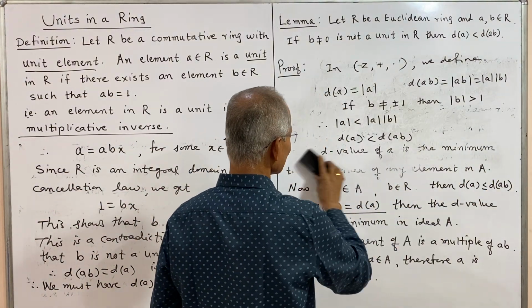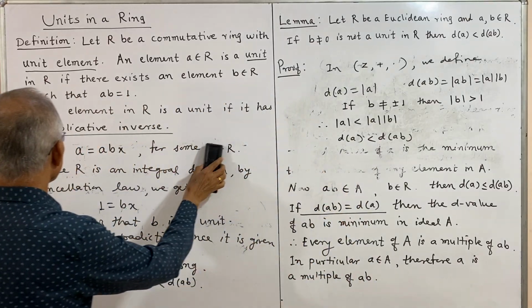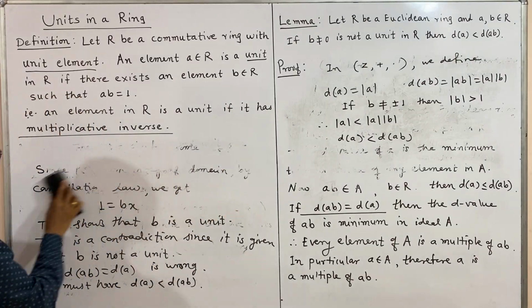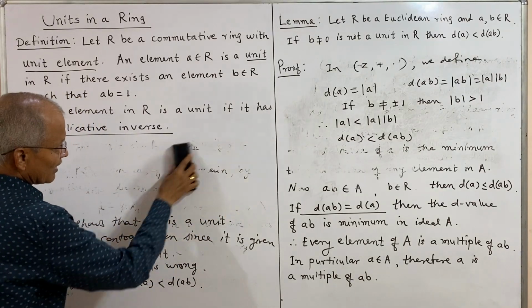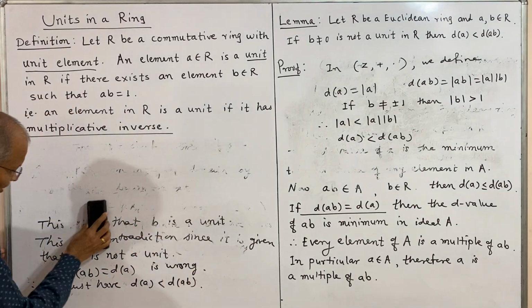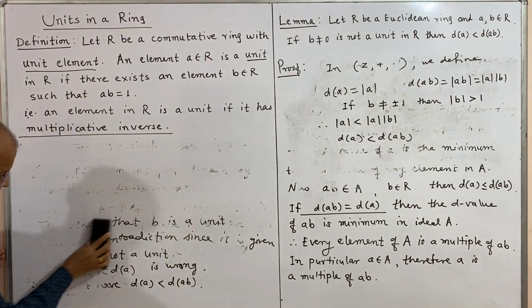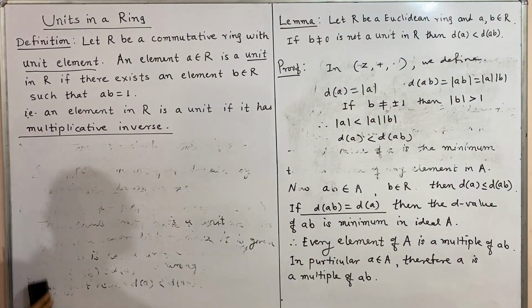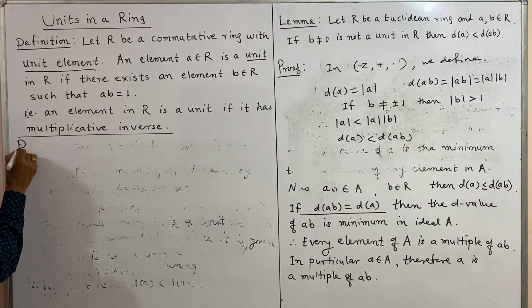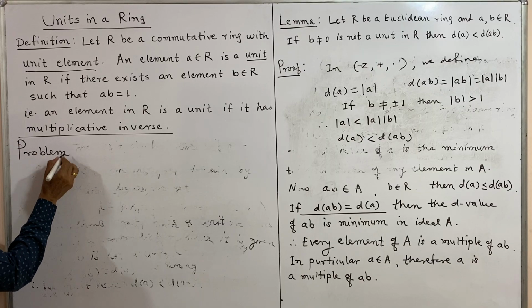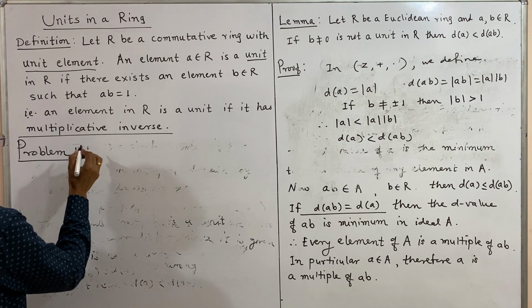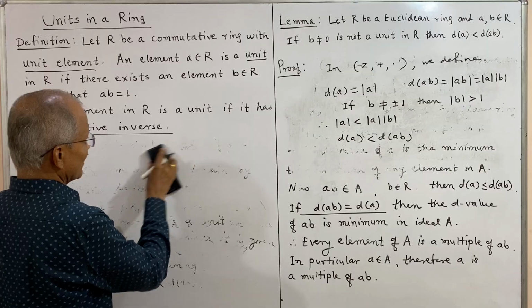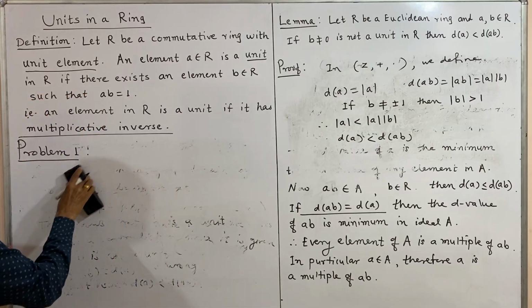Now we shall consider some problems. The first problem we shall consider is the necessary and sufficient condition for A to be a unit. Let R be a Euclidean ring.